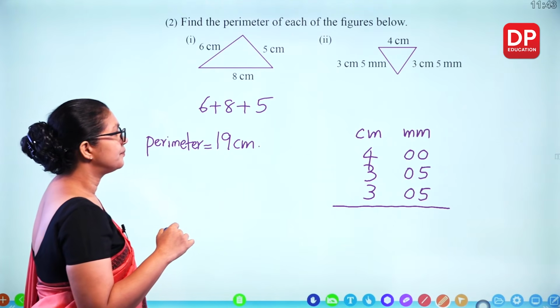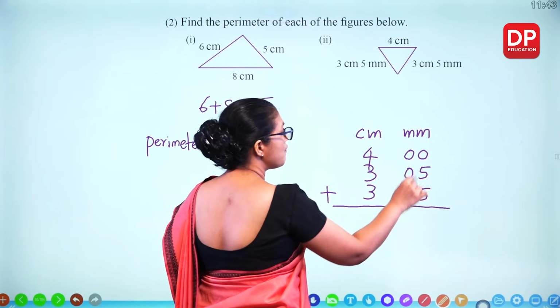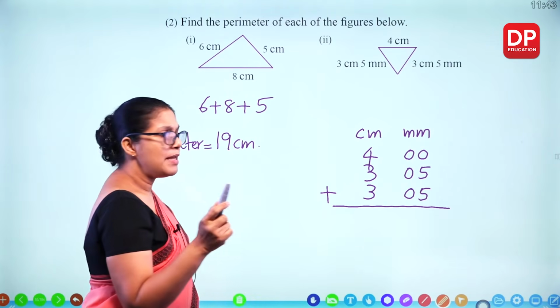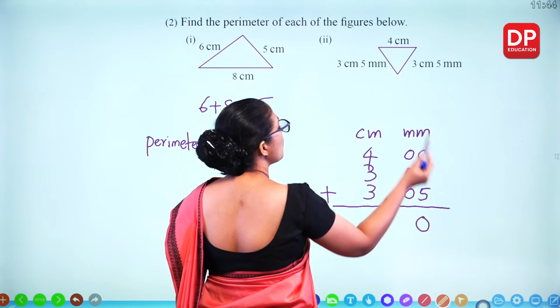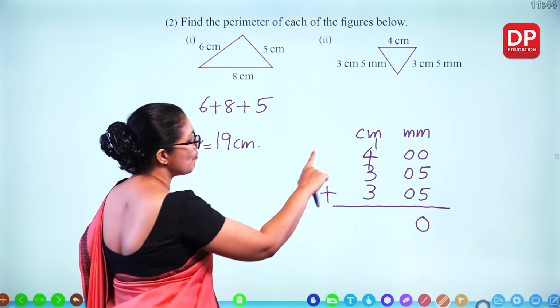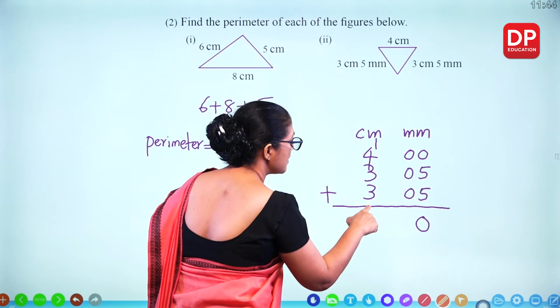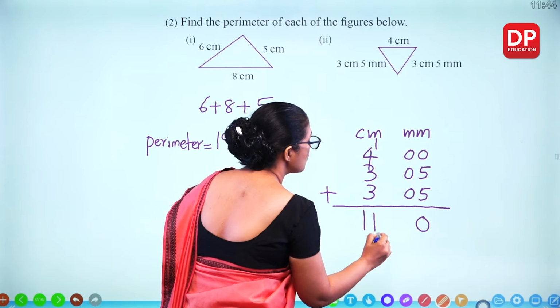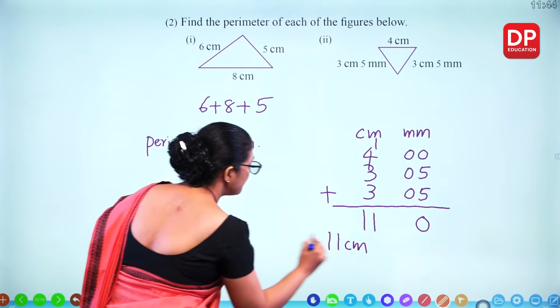Add it together. 5 and 5, 10 millimeters. 10 millimeters, you can put 0 and take 1, because 10 millimeters is 1 centimeter. 4 plus 1, 5. 5 plus 3, 8. 8 plus 3, 11. So what's the answer? 11 centimeters is the perimeter.